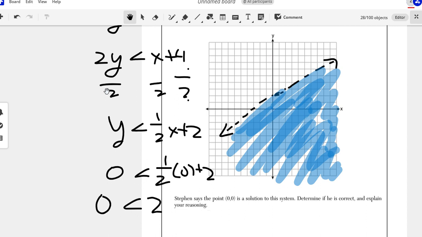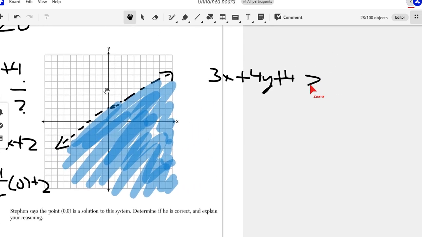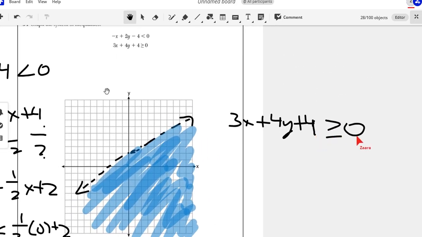Now the next equation is 3x plus 4, greater than or equal to 4. Now we solve.